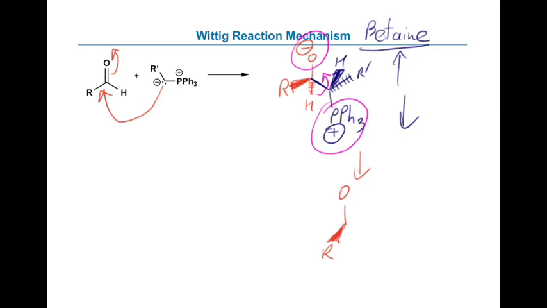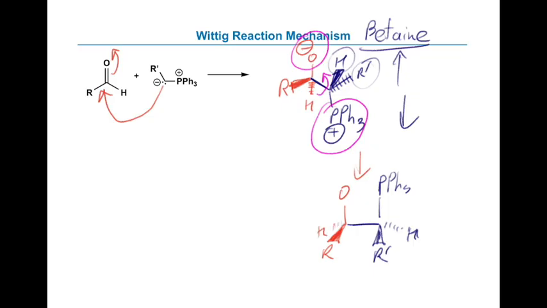When I do that bond rotation, what I've now done is I've taken this R prime that was in the back, and it's going to be up front here. The phosphorus is going to swing around and do PPh3. And then that means this hydrogen that was in the front will be tucked in the back now like that.